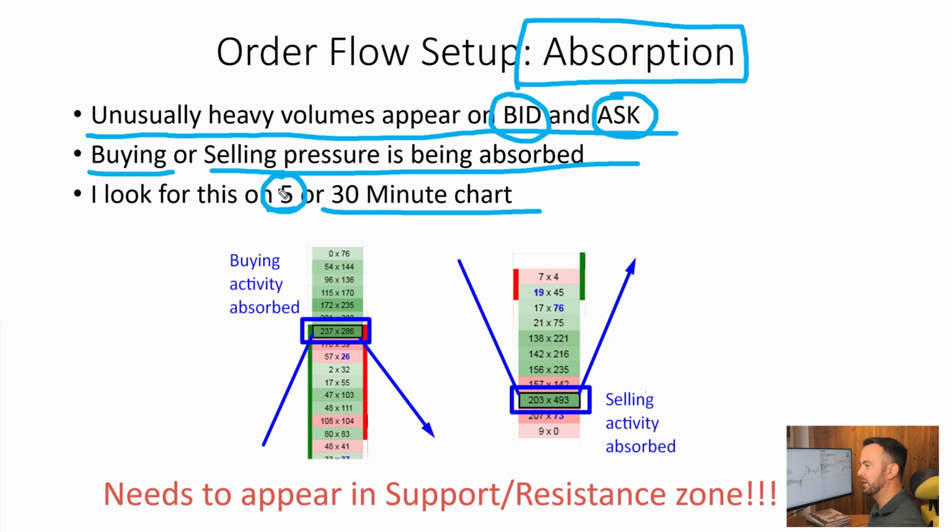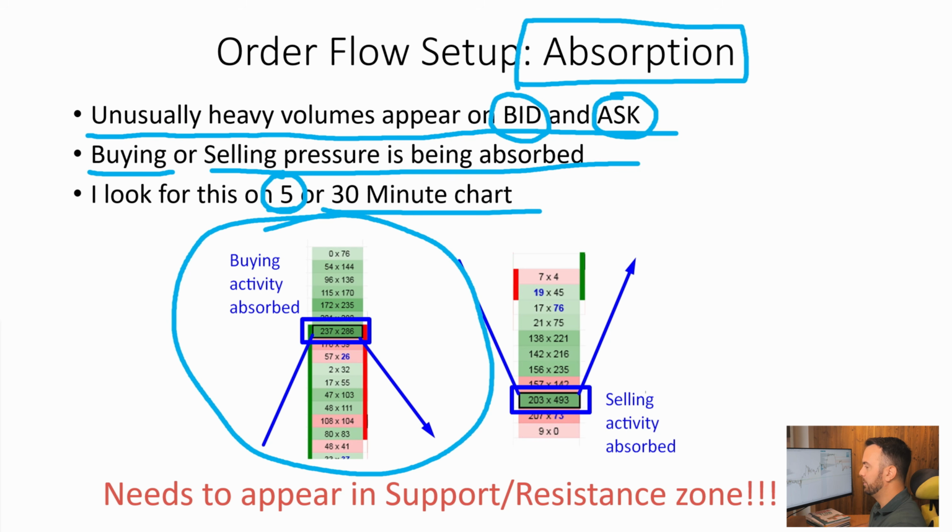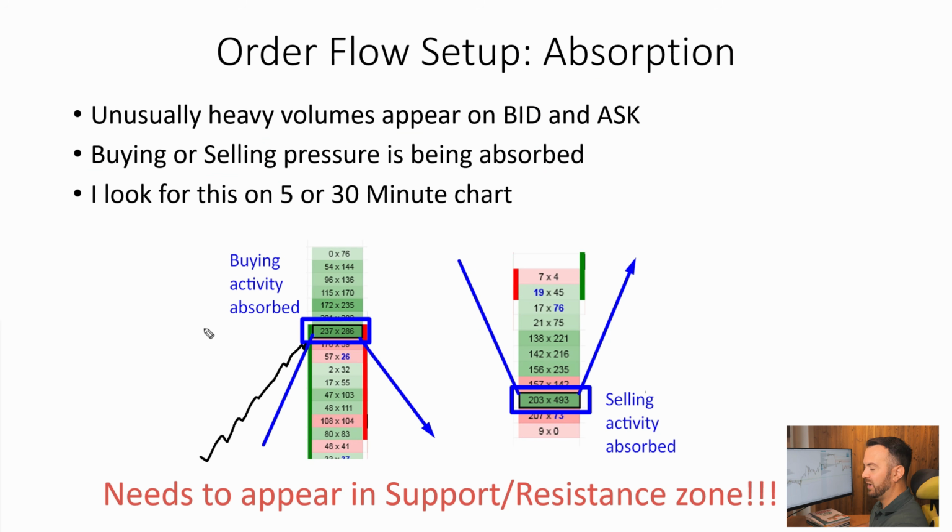I use it more on 5-minute chart. So if you look here, this is an example where buying activity gets absorbed. The price was going up, then probably hit some resistance here, and unusually huge volumes were traded both on bid and ask. It's important that the heavy volumes are both on bid and on ask.